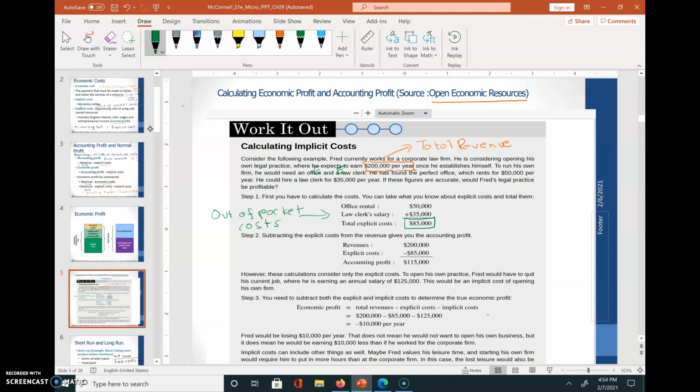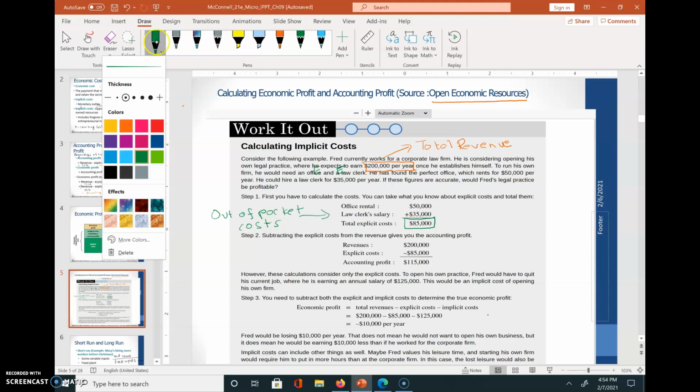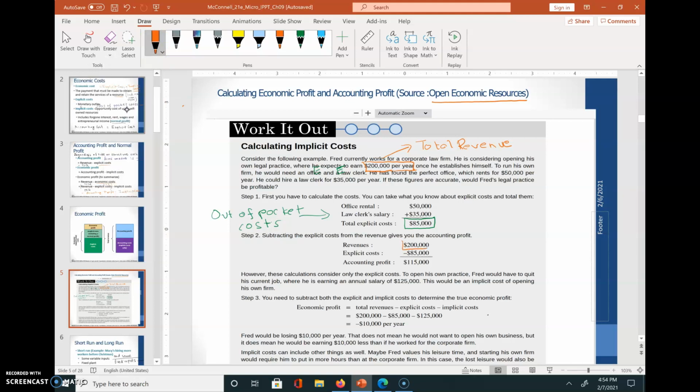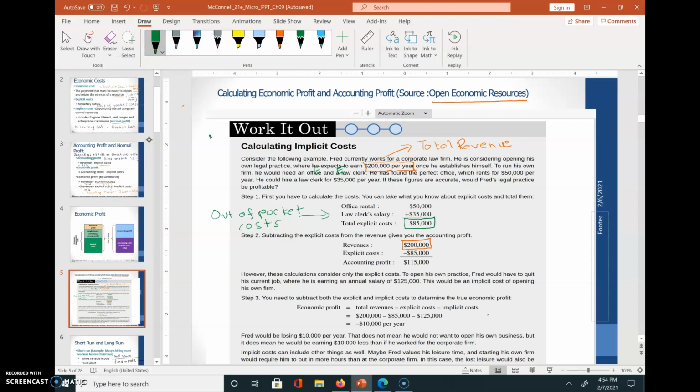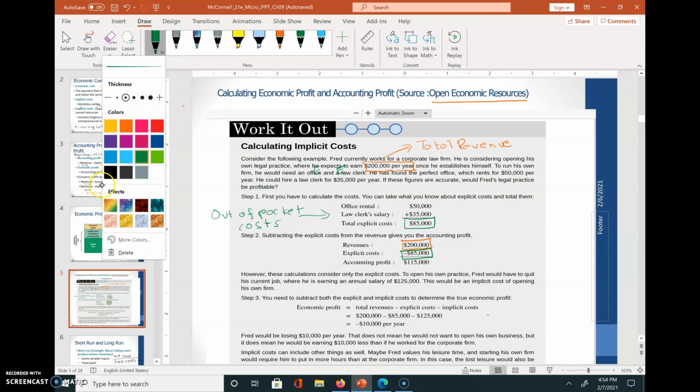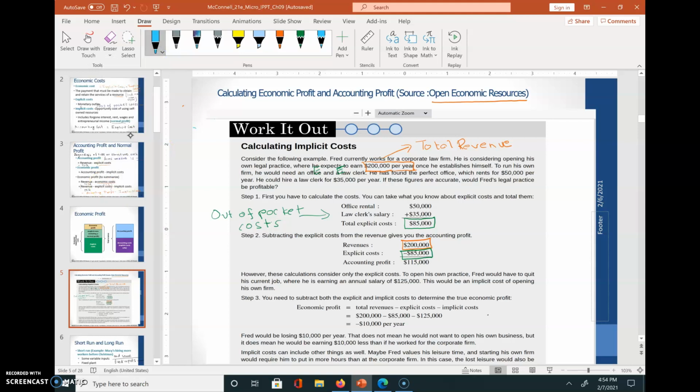Now I want to find out the accounting profit, which is the total revenues. From that we take off explicit costs. So this is the total revenue, which is $200,000 here. From that I will take out this value, which is the explicit cost of production, and I have an accounting profit which is $115,000, and this looks like a good deal.